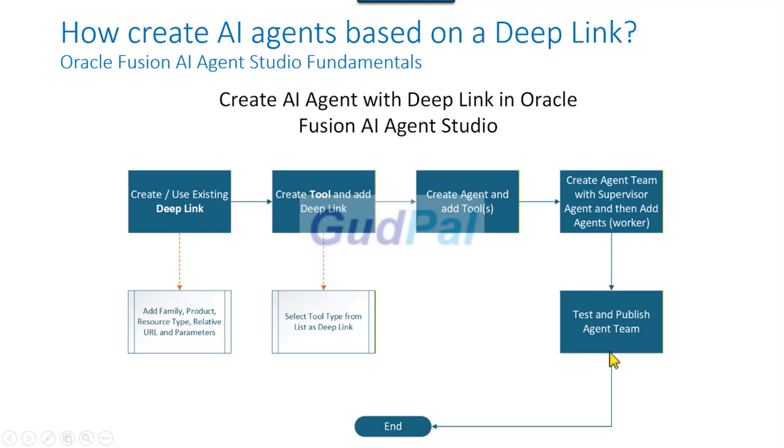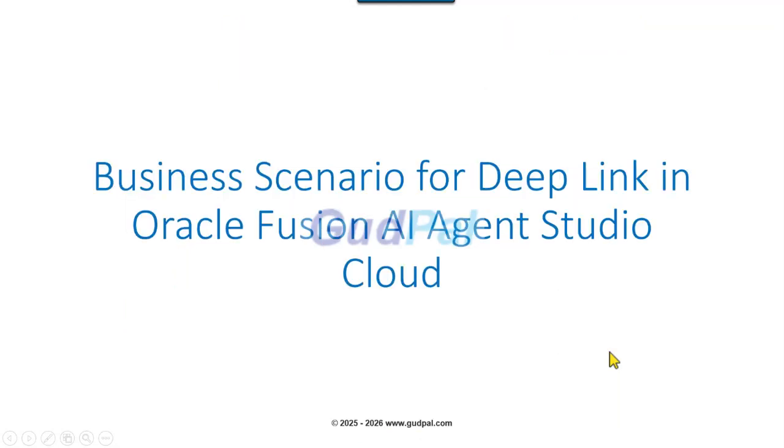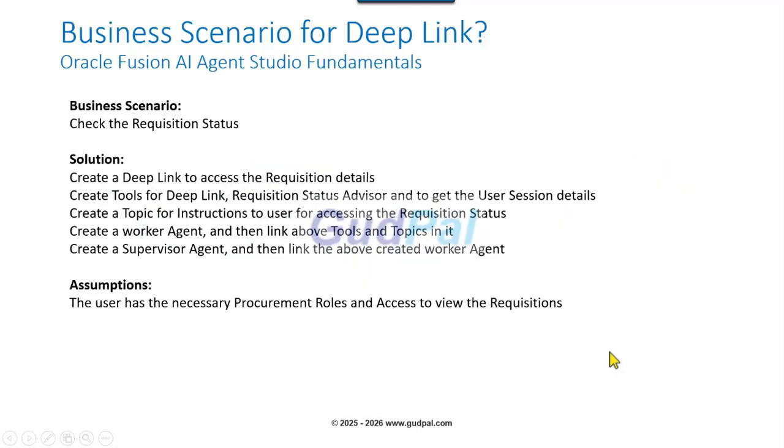Now I'm going to take you through a business scenario, the same thing in relation to deep link creation in AI Agent Studio Cloud. The business scenario is that you have to check the requisition status. The solution is to start by creating a deep link to access the requisition details, and then use that deep link to create a tool.